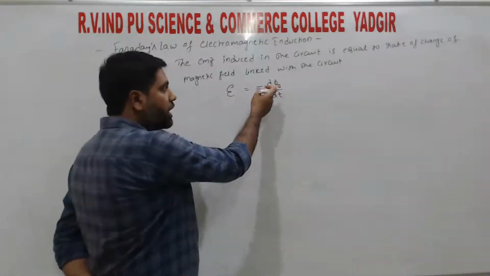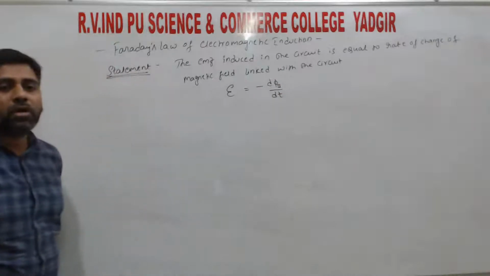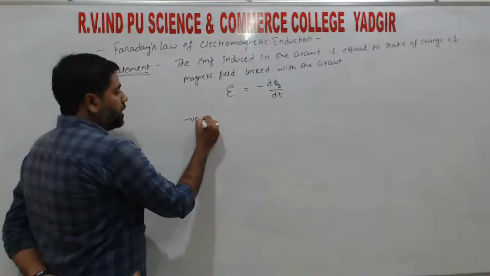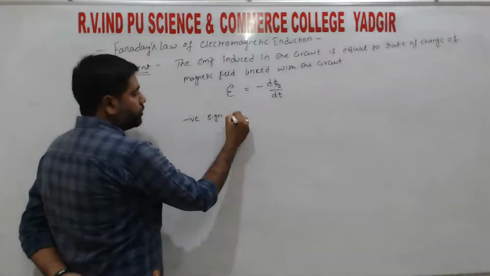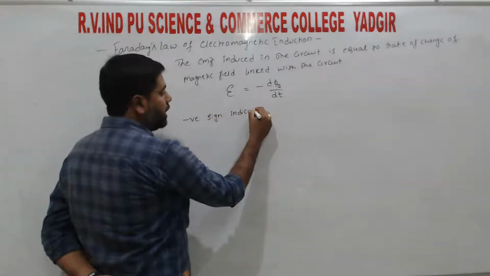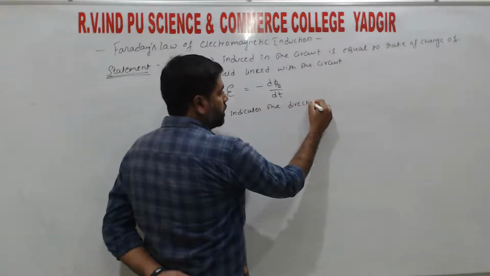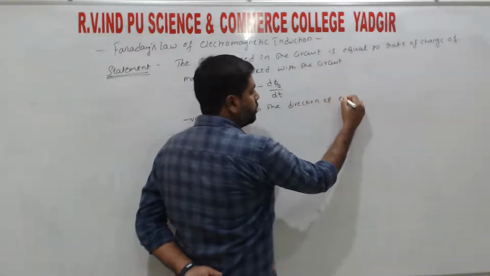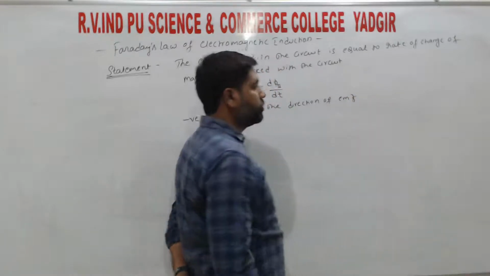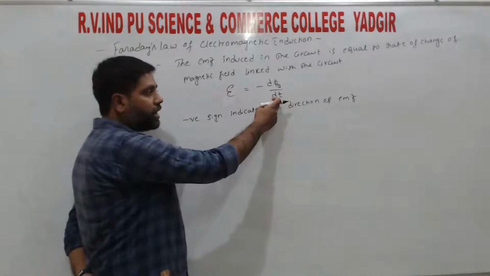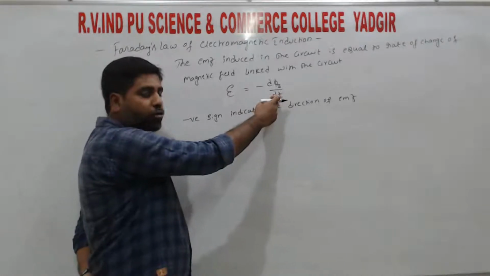The negative sign indicates the direction of the induced EMF, right? So here the rate of change is with respect to t.